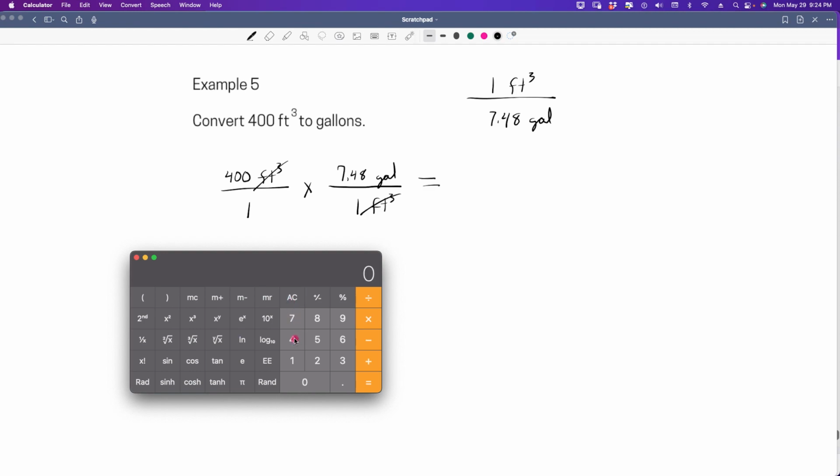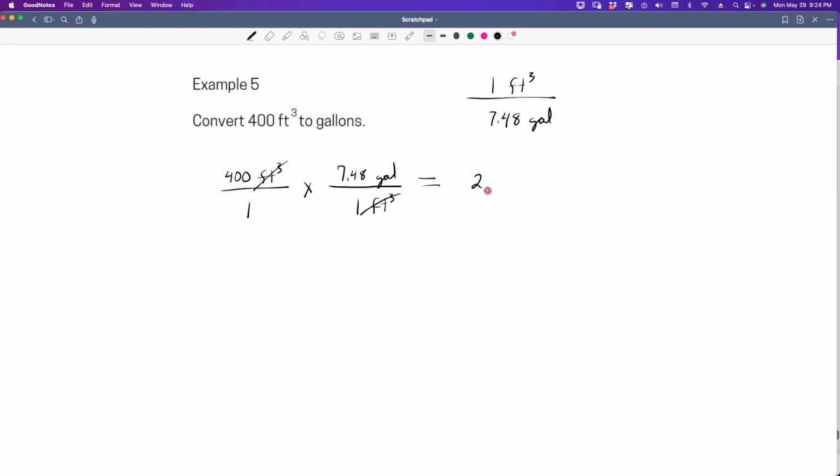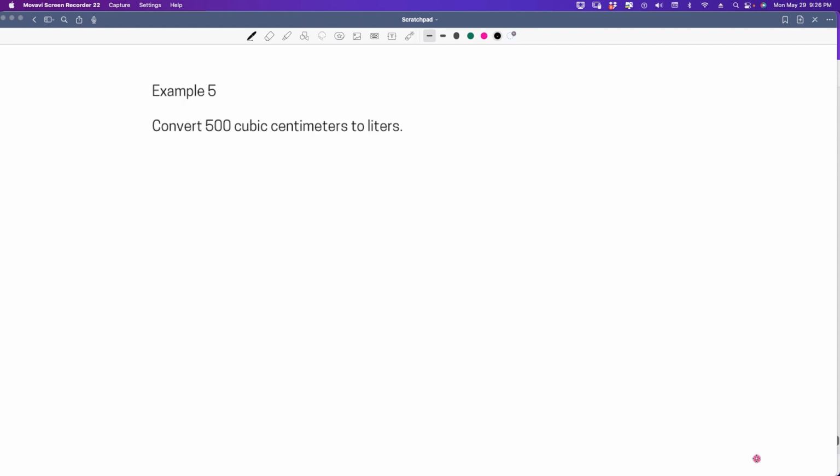Simple enough. So 400 times 7.48 is equal to 2,992 gallons. Easy peasy, not so bad. So let's see, I think we have one more like this.